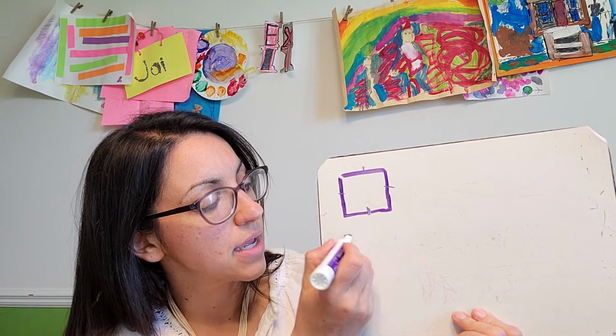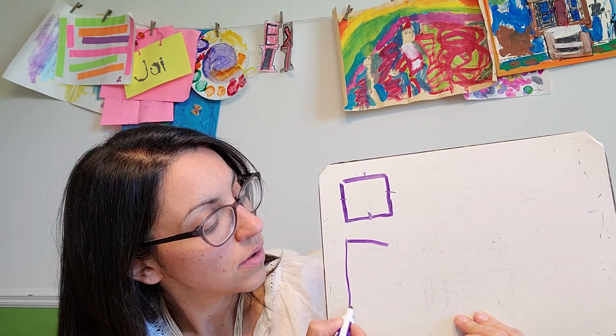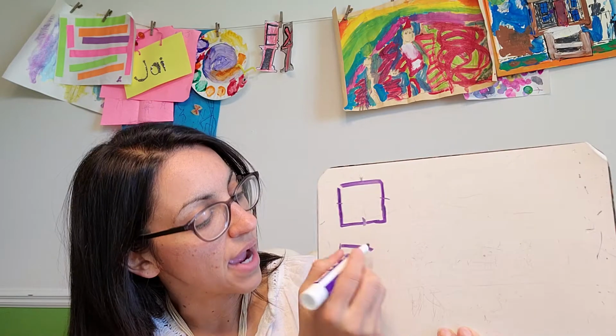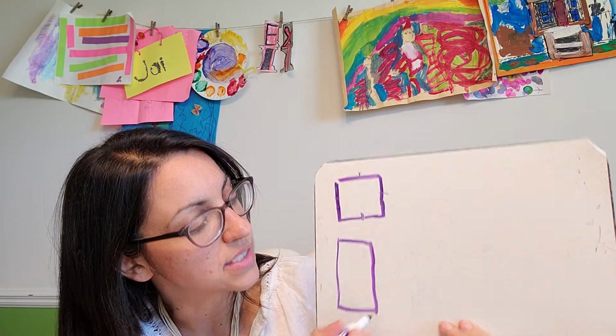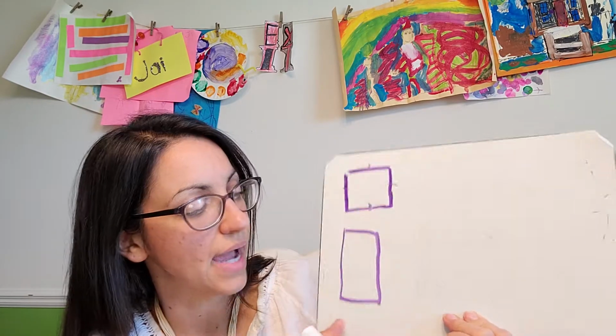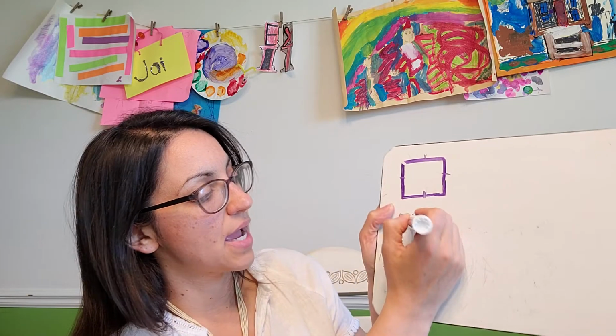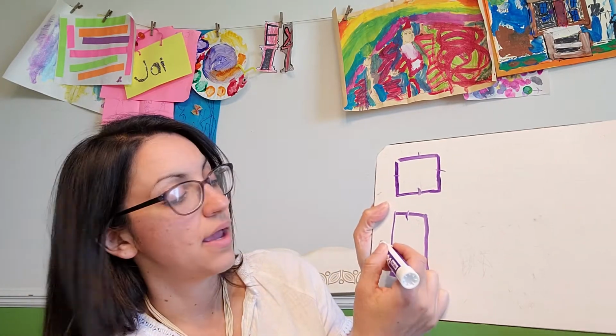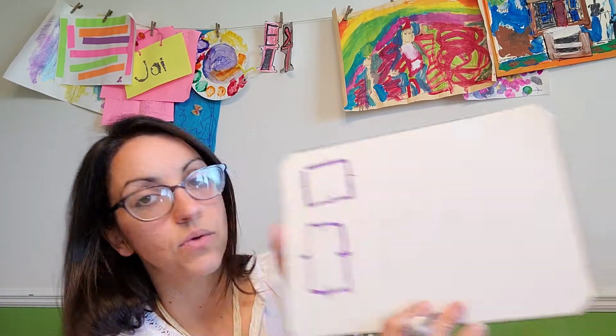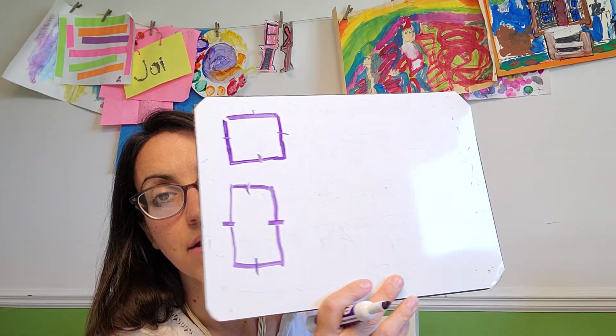On a rectangle, it only has to have 2 sets of matching or equal sides. So this side has to equal this side, and this side has to be the same or equal the opposite side. Okay, but it's still made out of straight lines and it still has 4 sides, but it just has to have 2 sets of matching or equal lines.